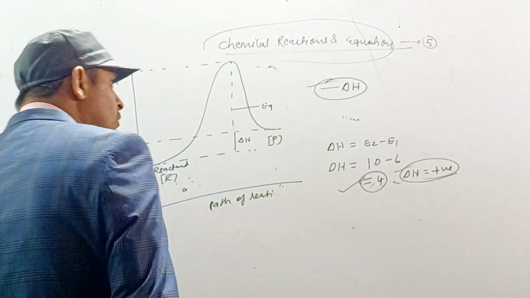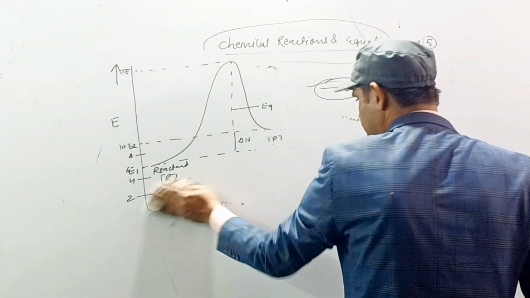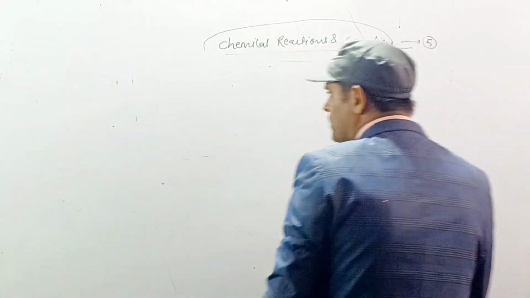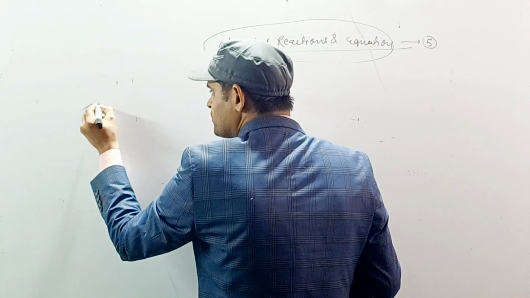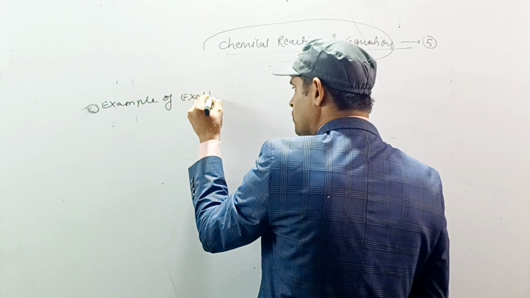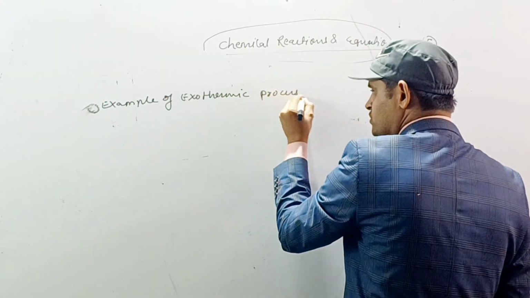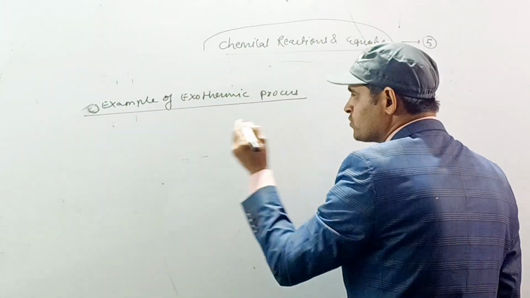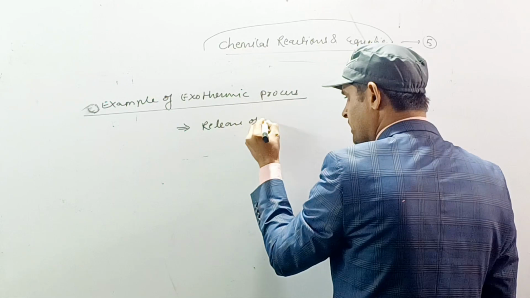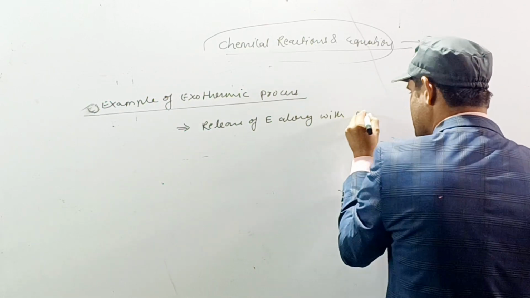Example of the exothermic process, and the peculiarity is release of energy along with product.